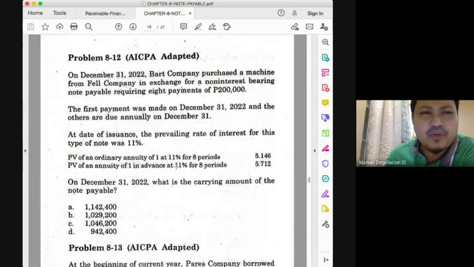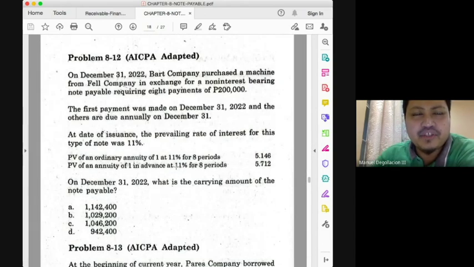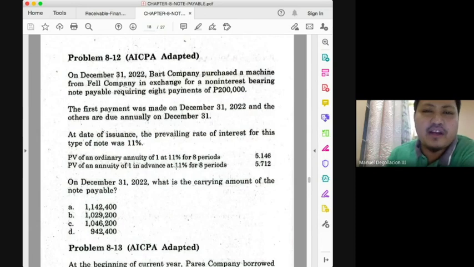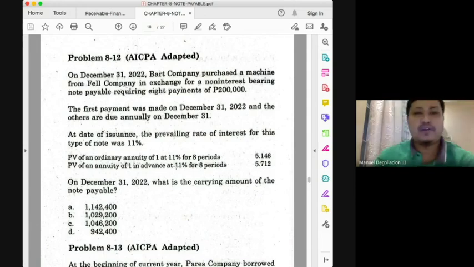8-12, on December 31, 2022, BART Company purchased a machine from File Company in exchange for a non-interest bearing note payable requiring 8 payments of 200,000. And then at the date of issue, the first payment was made on December 31, 2022, and the others are due annually on December 31.